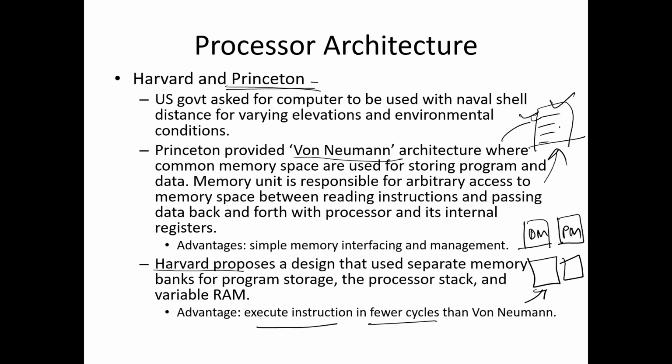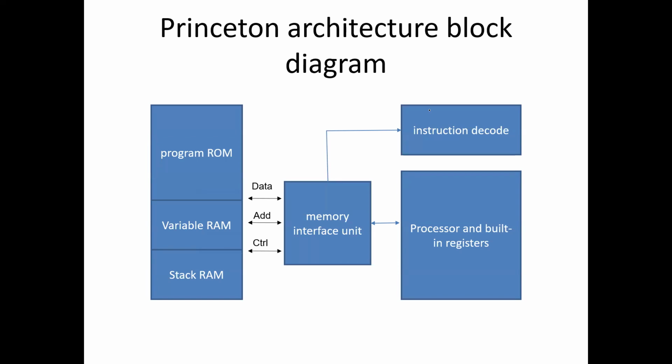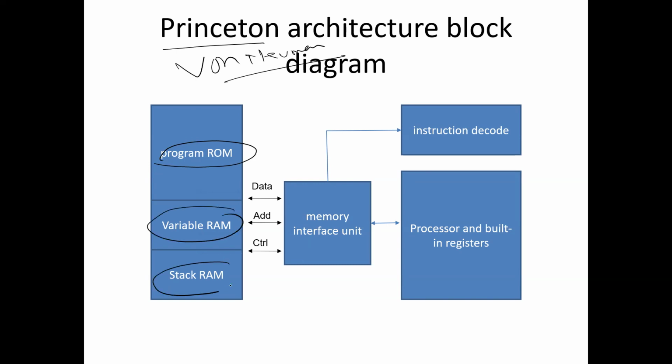Okay, so now we are going to see what types of architectures they look like in my next slide. So this is the Princeton or von Neumann architecture. In this architecture, you can see all memory, program memory, variable RAM, stack RAM, must be in the same space.